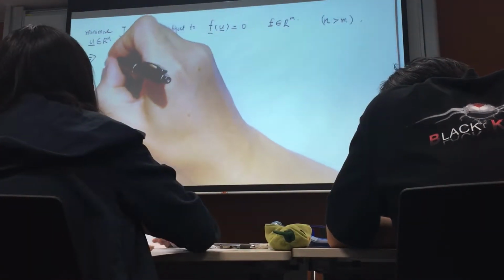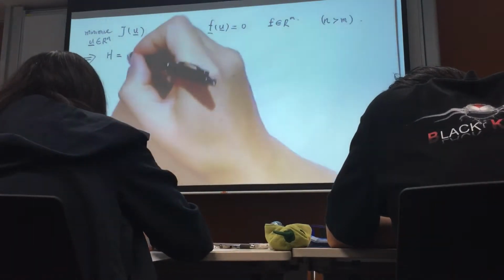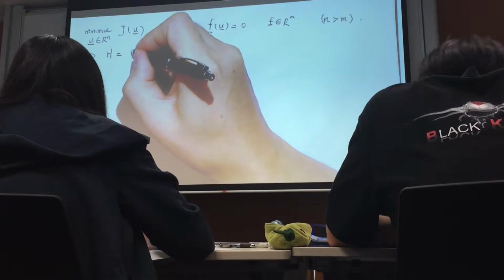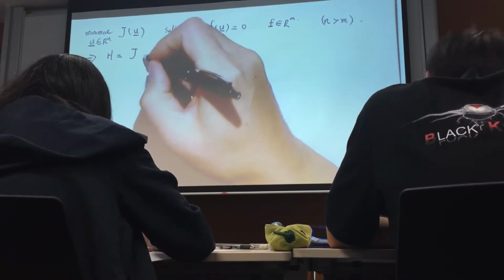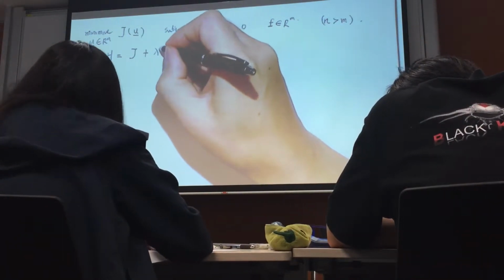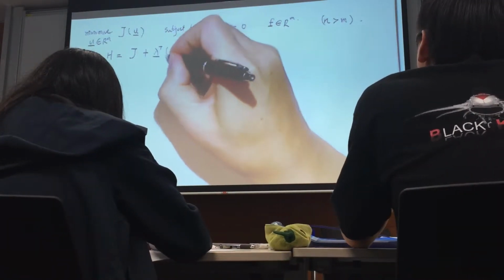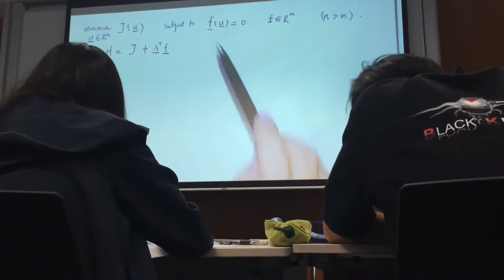We define a Hamiltonian. So the Hamiltonian is the augmented cost function: the original cost function plus a linear combination of the equality constraints.